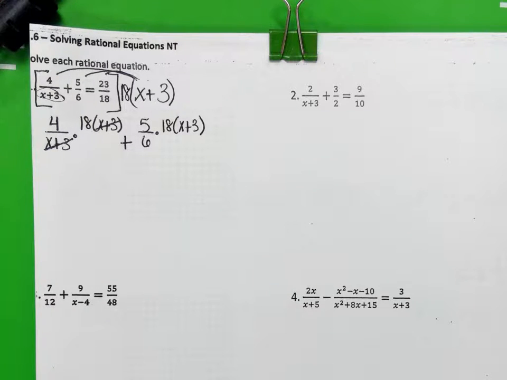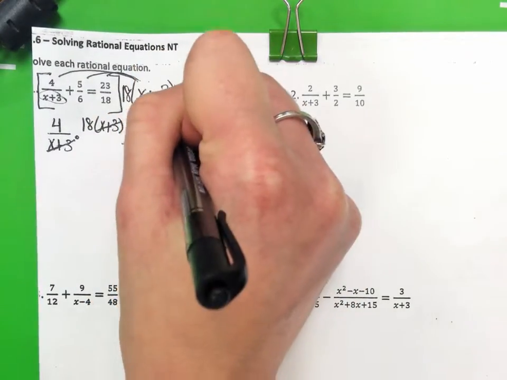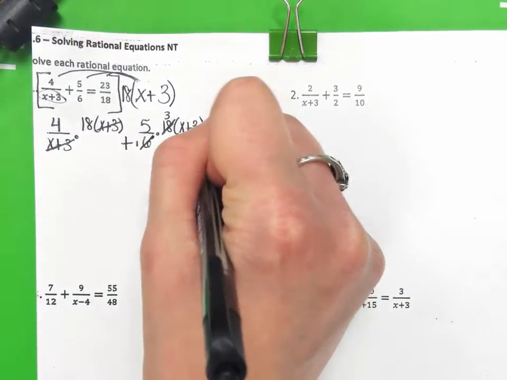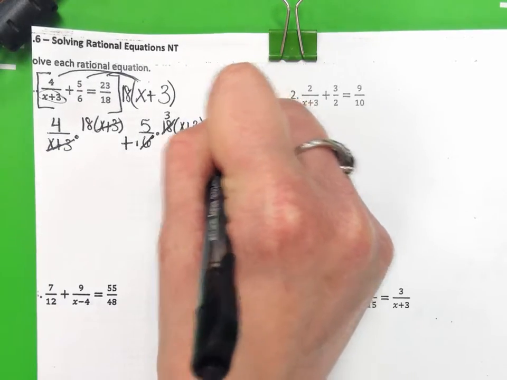All right, if you're multiplying, you can reduce. What do you see reduces? 6 and 18. What's 18 divided by 6? 3. So this is a 1. That's a 3. All right, then it equals our last fraction, 23 over 18.